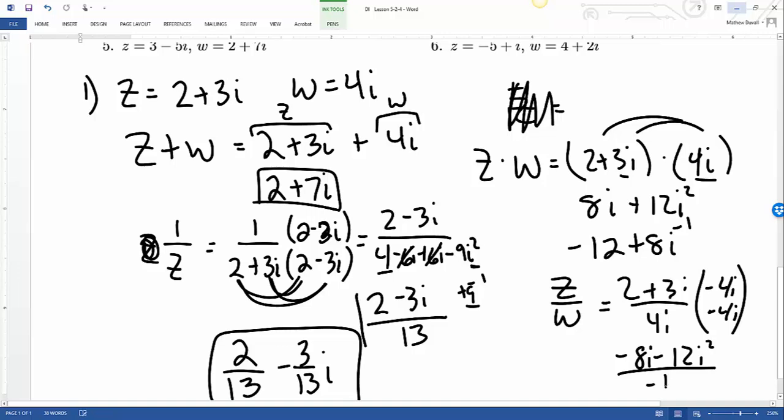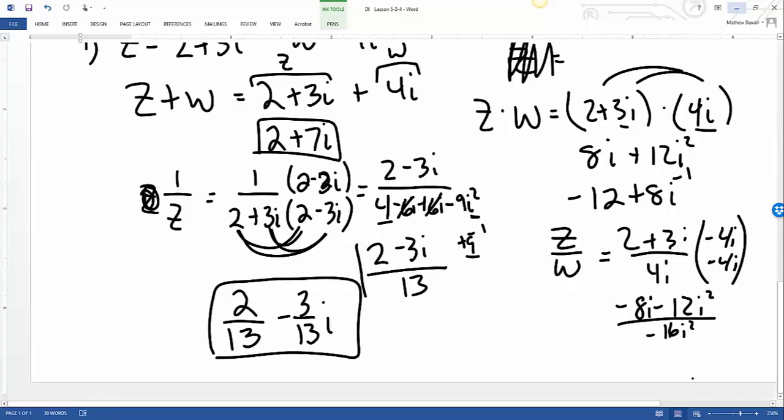Over, and then that's minus 16i squared. So i squared is negative 1. So negative 12 times negative 1 is positive 12 minus 8i, and that's going to be over negative 1 times negative 1 is positive 16. So that's 12 over 16 minus 8i over 16. So that's 3/4 minus 1/2 i.